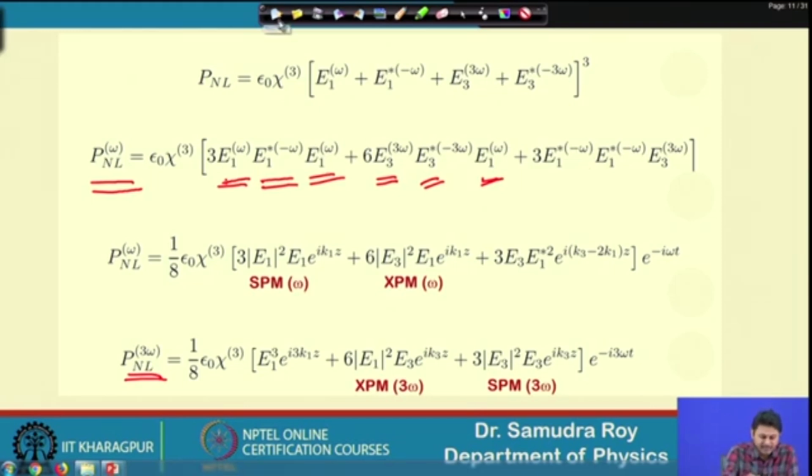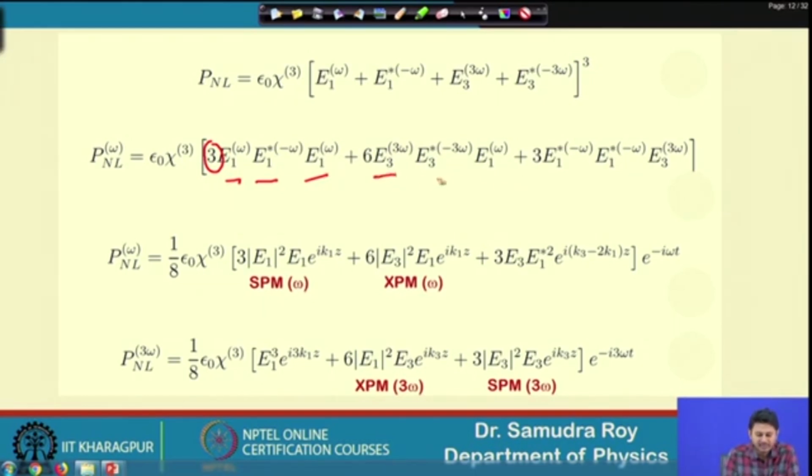Interesting thing is this, again the degeneracy factor. You can see we have to have a degeneracy factor 3 here, because E1 star is different, but E1 is the same. So how many distinct fields are there? Only 2 distinct fields are there, E1 star and E1. Here we have how many distinct fields?